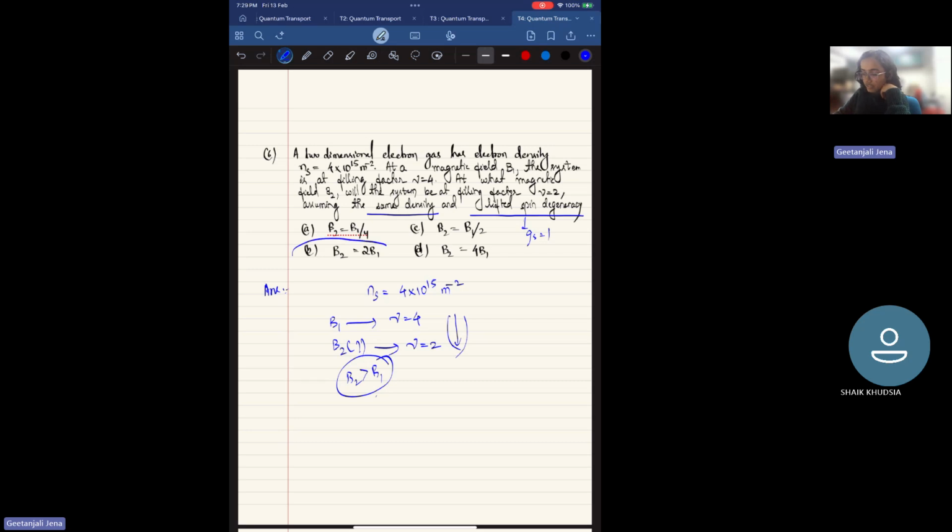Option B, good, it's correct. So nu is inversely proportional to B. So nu2 by nu1 is B1 by B2, and B2 will be nu1 by nu2 times B1. Nu1 is 4, nu2 is 2, so B2 is 2 times B1.